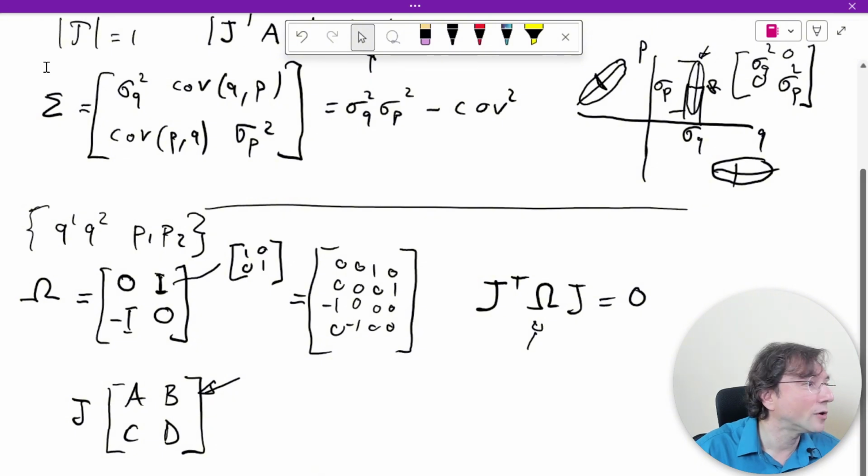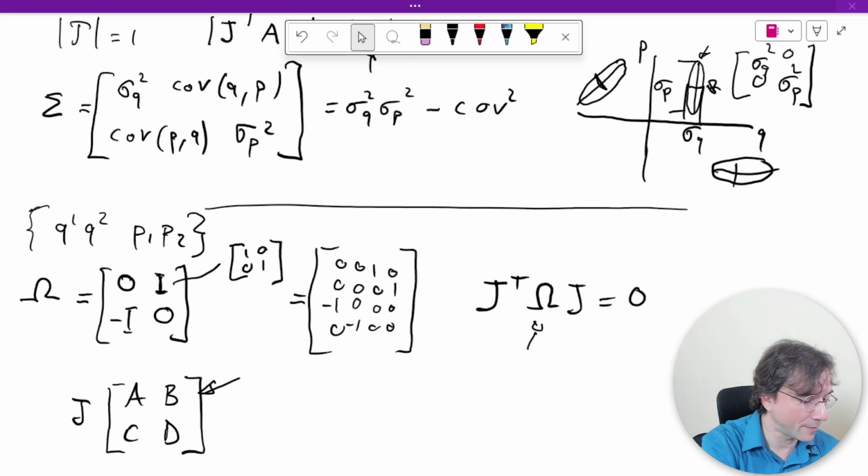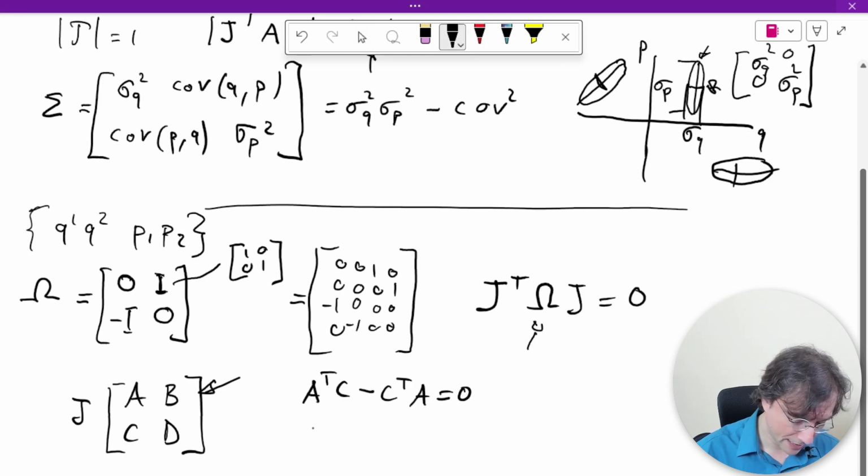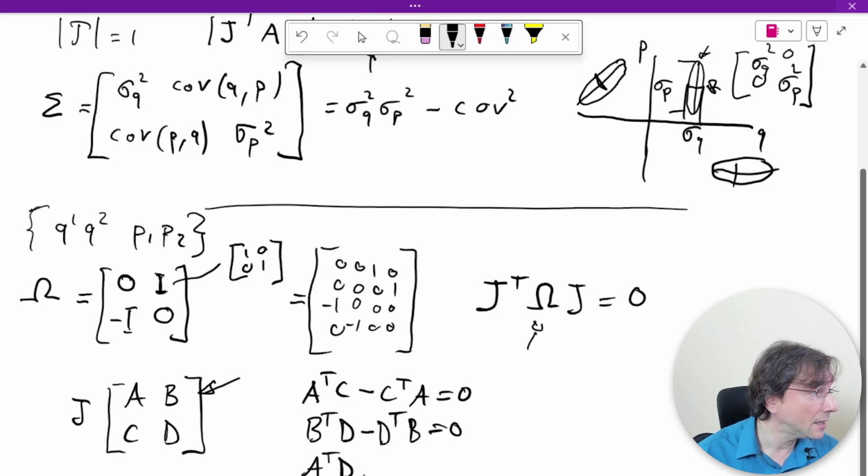So let me get the correct relationships so that we can write them. A transpose C minus C transpose A is equal to 0, and B transpose D minus D transpose B is equal to 0, and A transpose D minus C transpose B is equal to the identity.